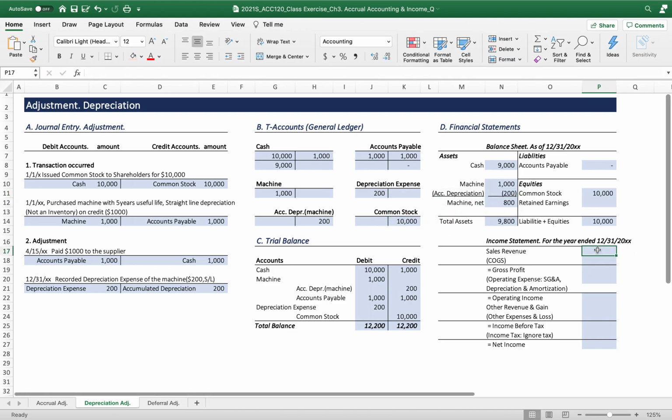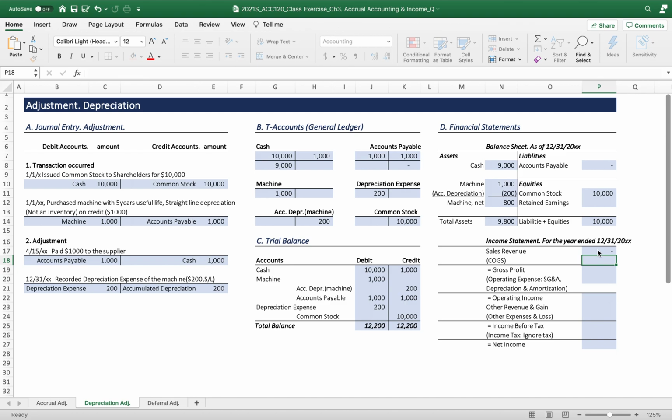And then let's collect the income statement accounts. We don't have the sales, we don't have the cost of goods sold, so the gross profit is 0. Depreciation expense 200, that is minus on the income statement. So 200 minus, and there are no other expenses for operating income.